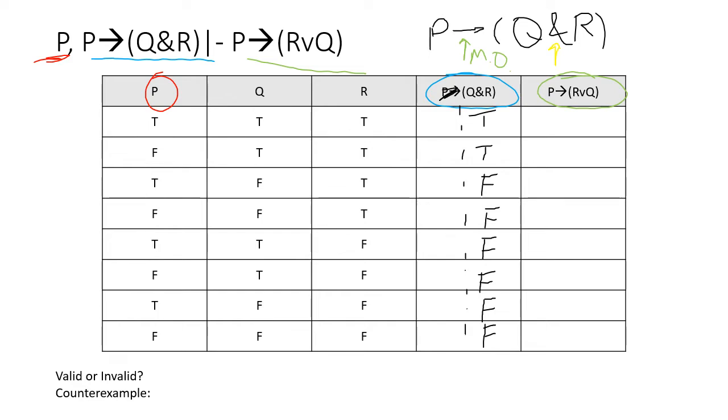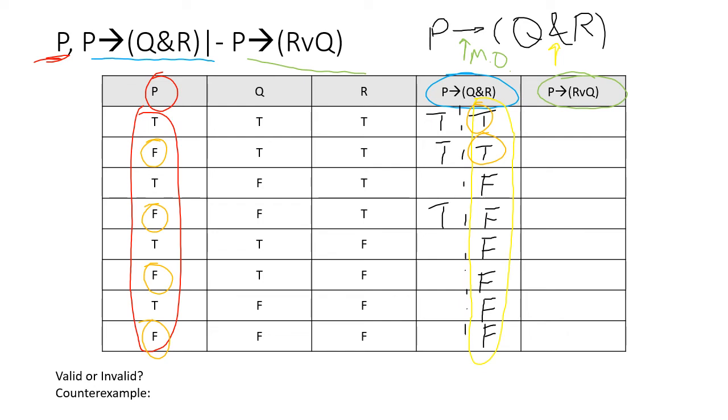With that, now we can bring the P arrow back in. So this is going to be our right side, or our consequent. The P is going to be our left side, or our antecedent. If you remember, for an arrow, it is true wherever the left side is false or the right side is true. And so it'll be true here, here, here, here, and here.